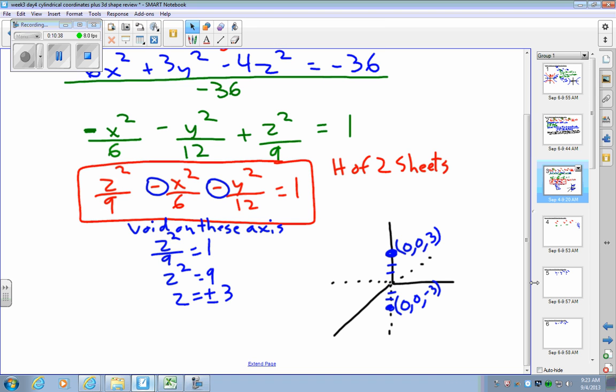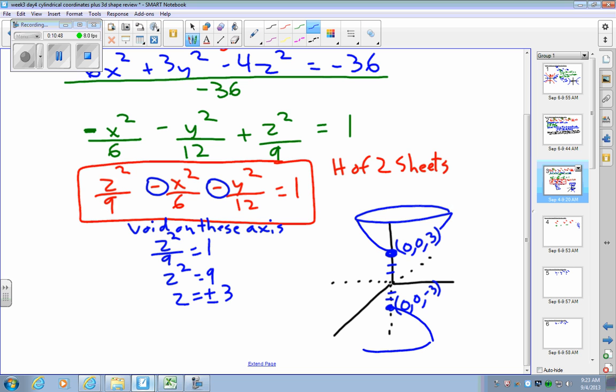And with the hyperboloid of 2 sheets, you know what it already kind of looks like. It's going to come up and be a bowl, and go down and be a bowl. Okay. Now, if you wanted to be a little bit more specific, if you wanted to detail it just a little bit more, what you could do is you could look and say, hey, all of these traces are ellipses.